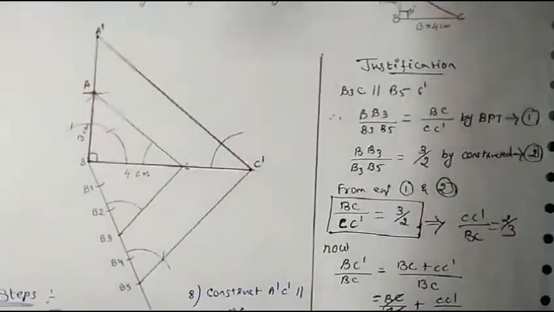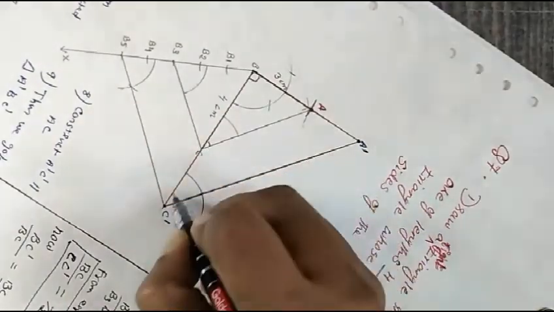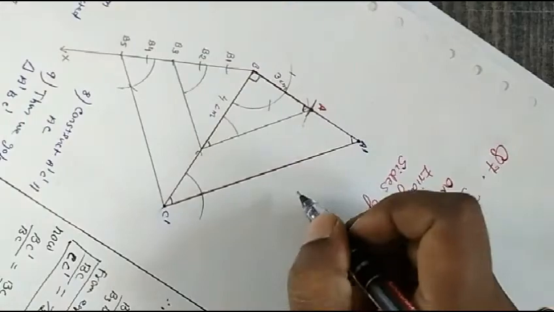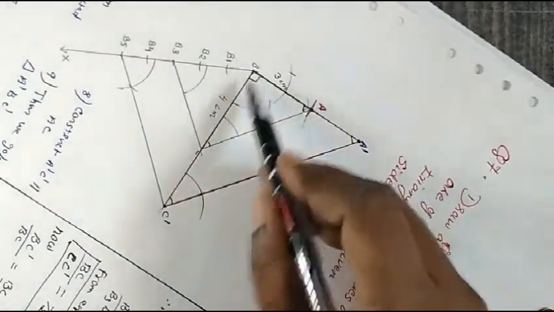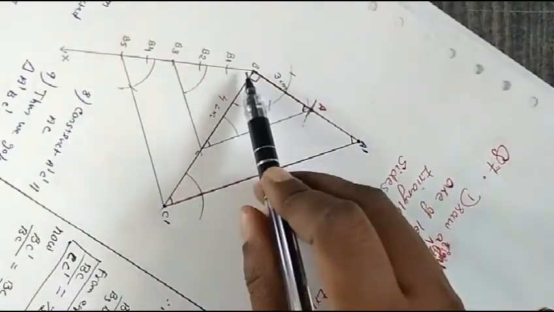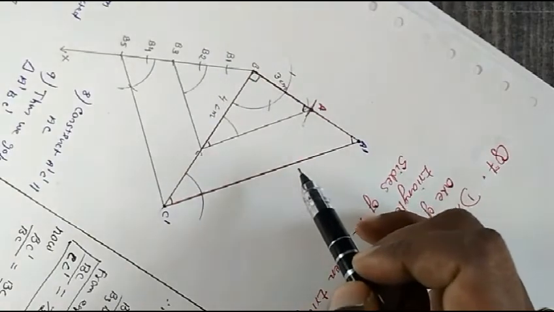So again you can say this is the triangle. This is the triangle. This angle is a corresponding angle. So by angle criteria, this small triangle is similar to this big triangle. If that is the case, they divide the sides of the triangle into equal ratio.